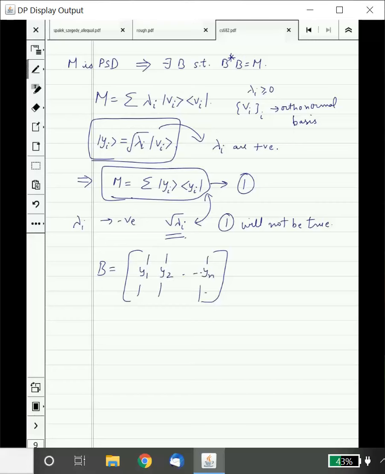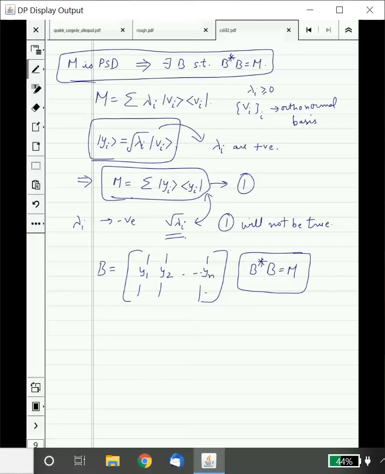If B looks like this, you can convince yourself that B star B is equal to M. This shows that if M is PSD, then there exists a square root. There exists a matrix B such that B star B is equal to M. So we have shown that all three characterizations of PSD matrices are the same.